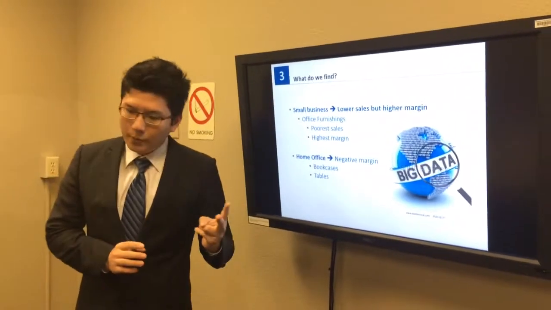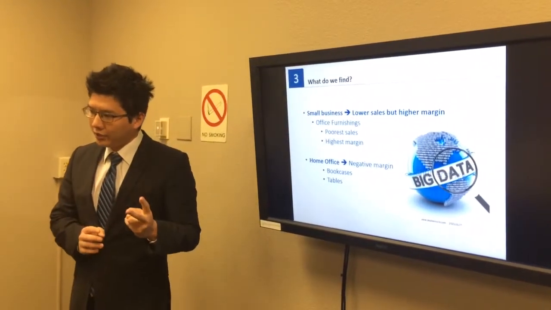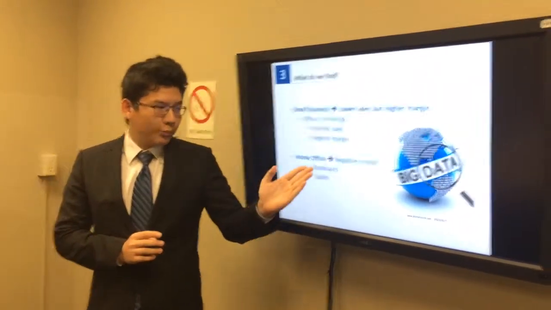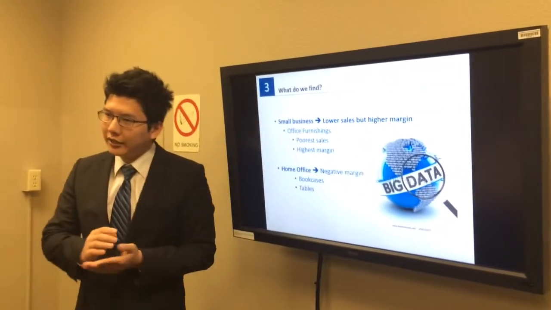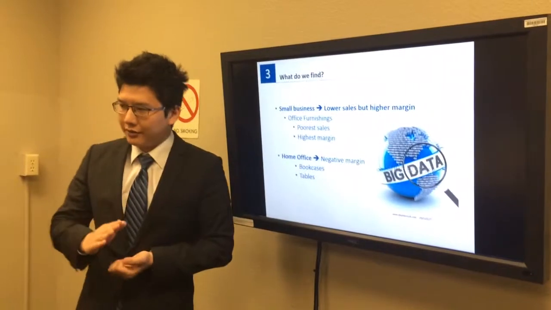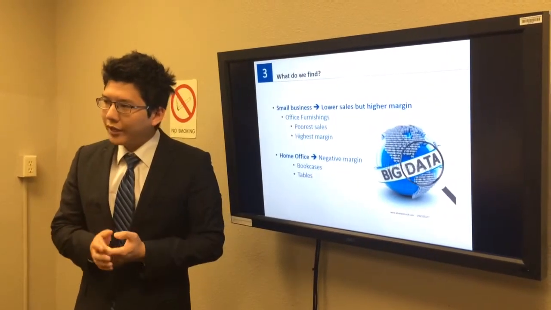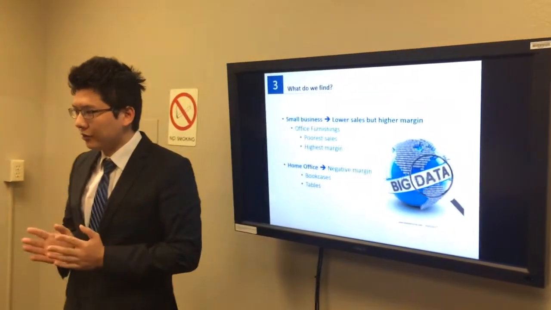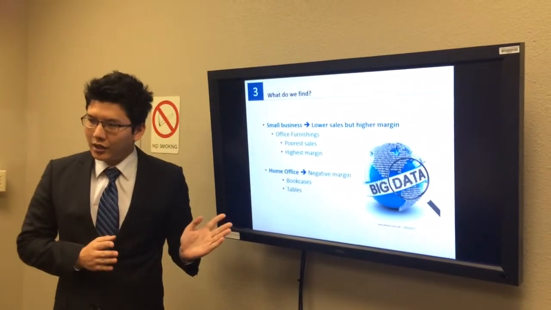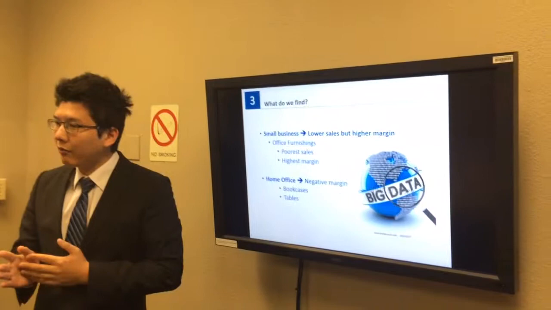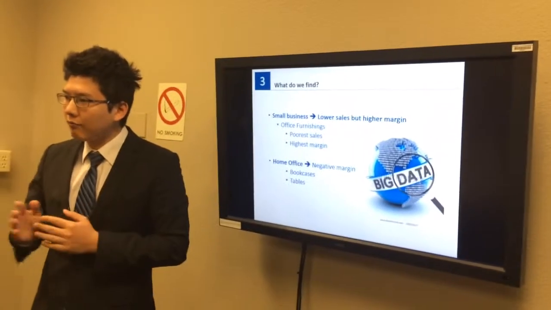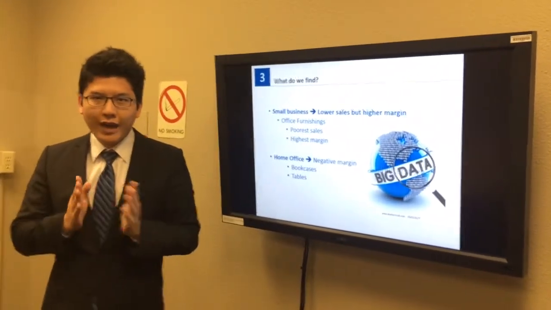There are two subcategories of furniture, bookcases and tables, that we're selling to home office. Actually, we're selling them much lower than the cost. We all know the West region is the most profitable region. So what happened here? It took us a long time to figure out, but finally we have some clue. Marvin will introduce what happened.